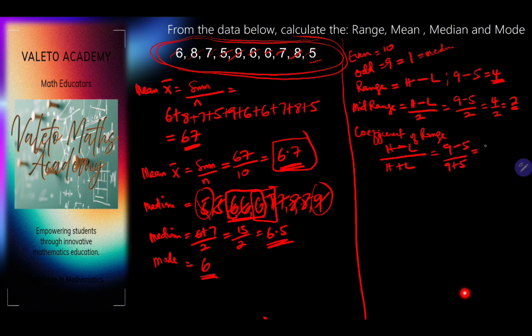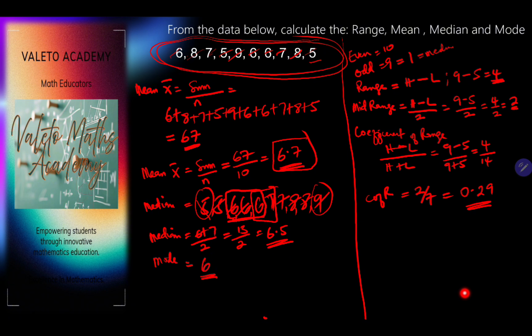And this is the same thing as 4 over 14. Am I correct? Okay. And so the coefficient of range is equal to 2 over 7. And 2 over 7 is the same thing as 0.29.